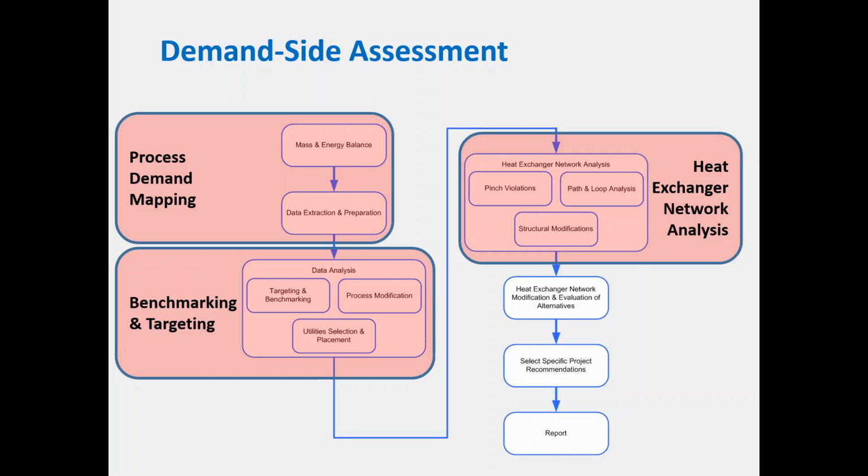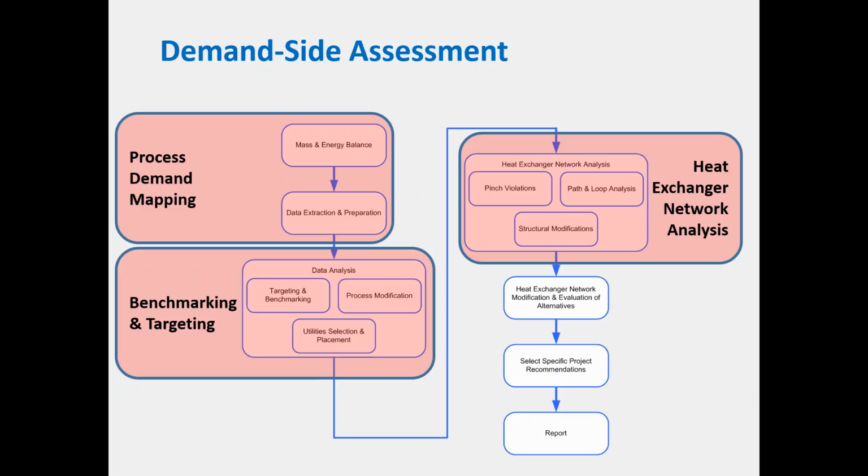The next stage is really looking at the heat exchanger network, the current network that we have, and what modifications can be made in order to get closer to our target. Okay, and there's some formal methods in order to do that, but we're really looking at adding in new heat exchangers, potentially making heat exchangers larger, or changing matches between hot and cold streams.